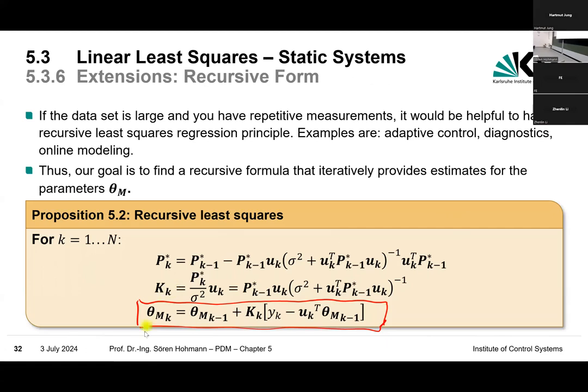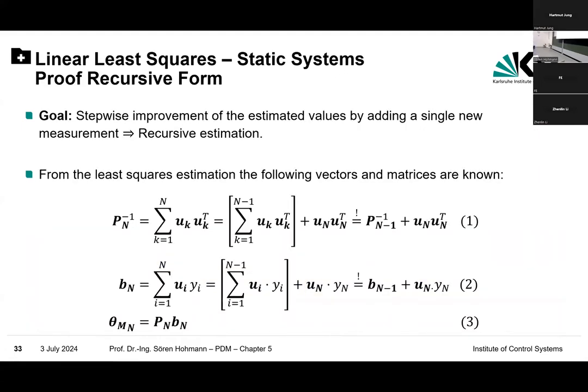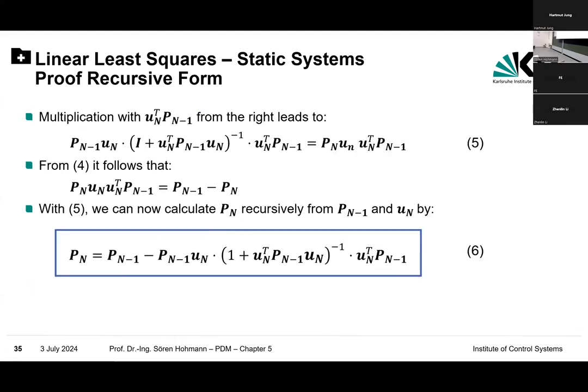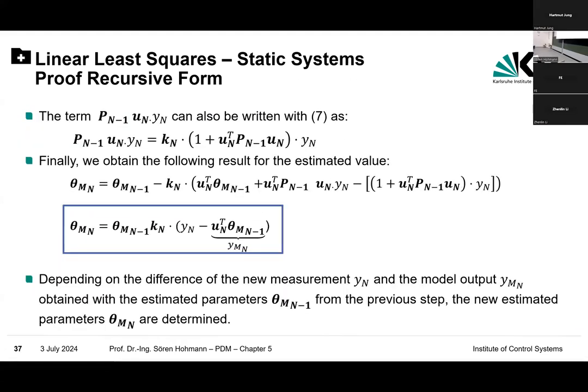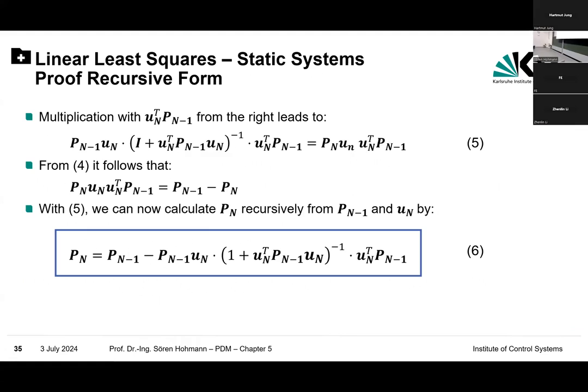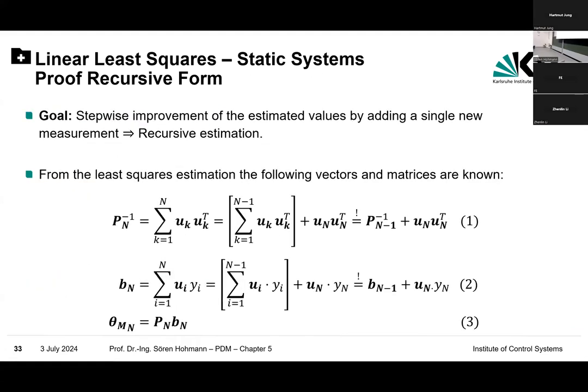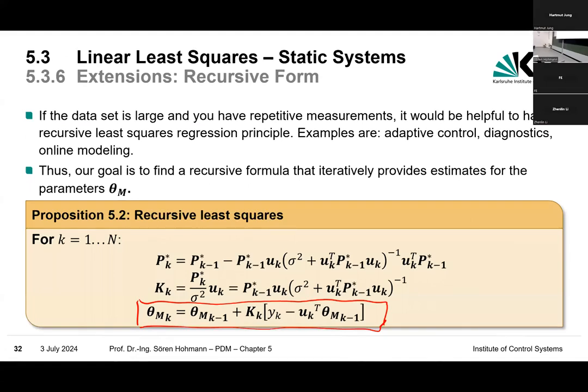This is done in step 2, and in step 3, I calculate the new parameter estimation. So it's exactly what you said, how you would do it by intuition. Your intuition in mathematics is outlined here in the proof. Sorry for that, but it's just a lot of matrix manipulation. It's not very difficult. If you go through all these equations, you will find out, yes, it's not that complicated.